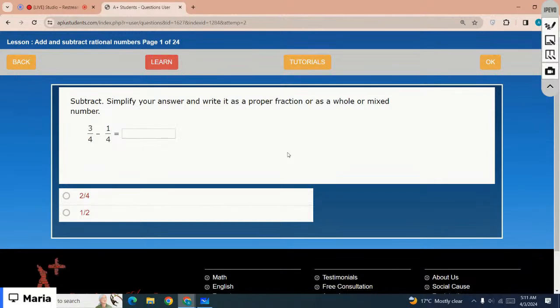Yes, the correct option is 1 over 2. Option number 2 is the correct option.